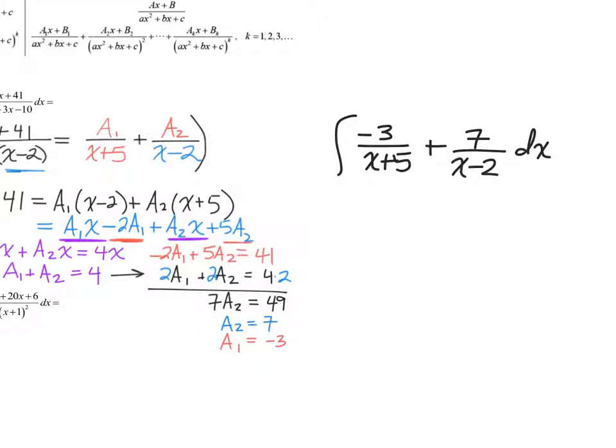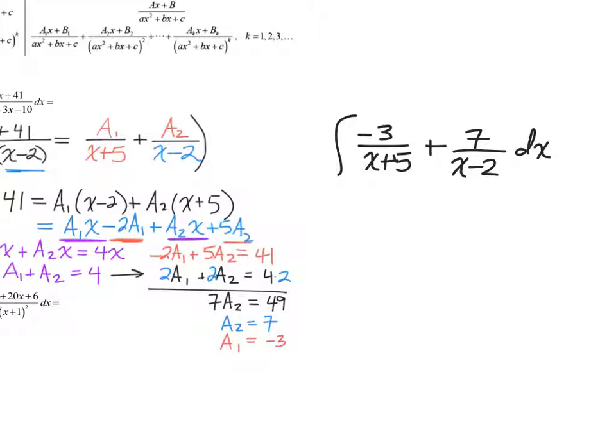And so we could redefine our integral as negative 3 over x plus 5 plus 7 over x minus 2 dx. All I'm doing is taking the right-hand side of my equation and replacing the a sub 1, a sub 2. This is something you can anti-differentiate. The original was not.